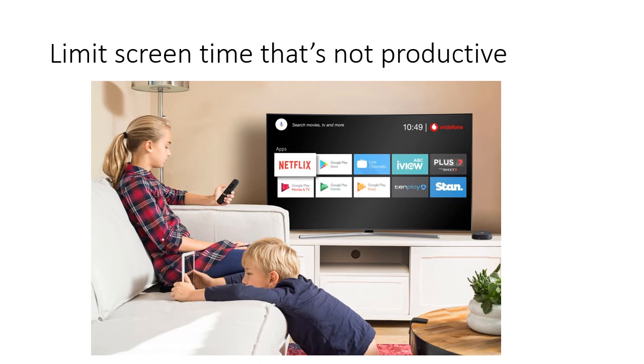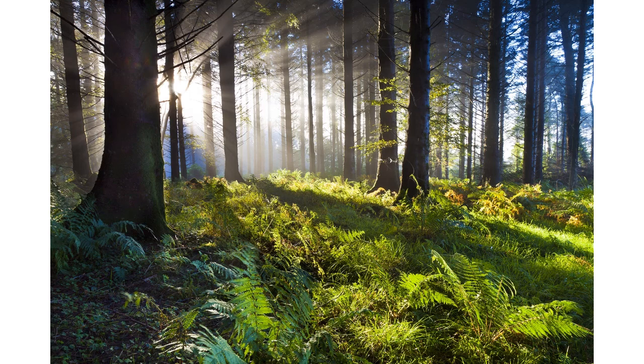So what you want to do instead when you need to relax and recharge are things that will actually recharge you, right? So get outside. Going out into nature is enormously therapeutic. There are lots of studies that have proven its psychological benefits. It can also be good exercise if you're going for a walk, so you can kill two birds with one stone.